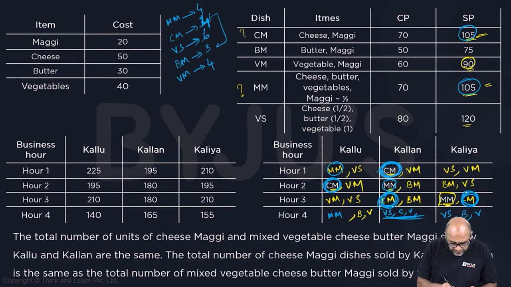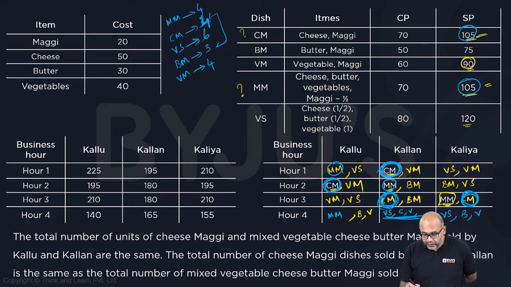Now, if you look at the totals for Kallu, where is cheese used? Cheese is used here, 1 unit of cheese. Then where else? Half unit of cheese. So let me write for Kallu. If I start, half unit plus VS, I will use half unit plus CM.